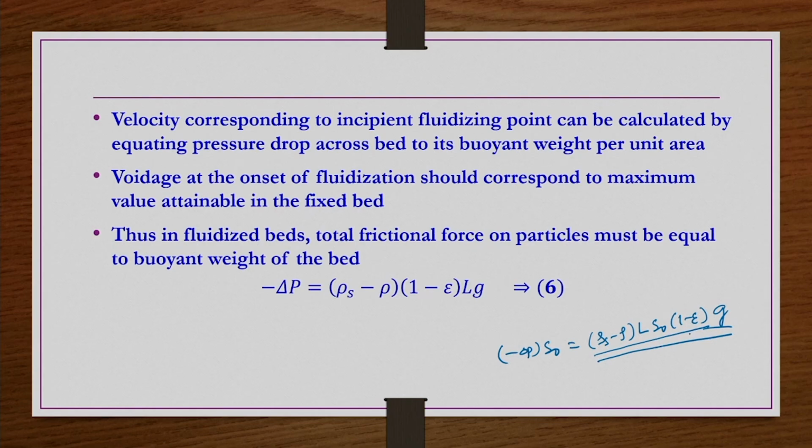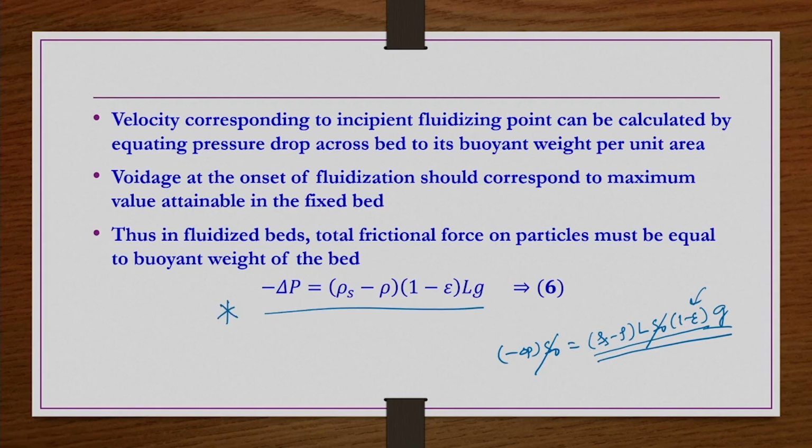We are not talking about one particle but the entire bed, because we are multiplying by this 1 minus epsilon. Now this S naught is cancelled out. So, minus delta P is rho s minus rho, times 1 minus epsilon, times L g. That is what we get. So, this is the constant pressure drop in the case of a fluidized bed.